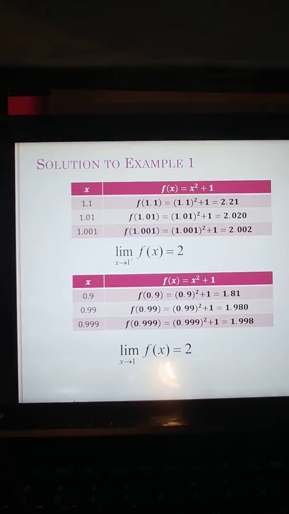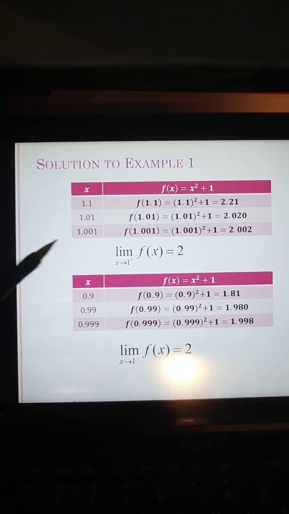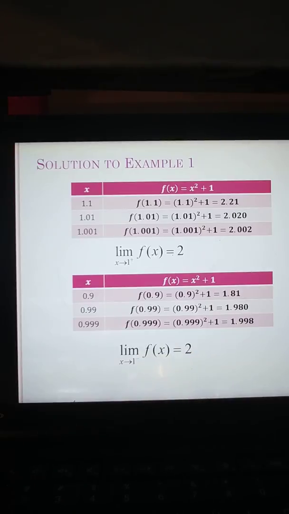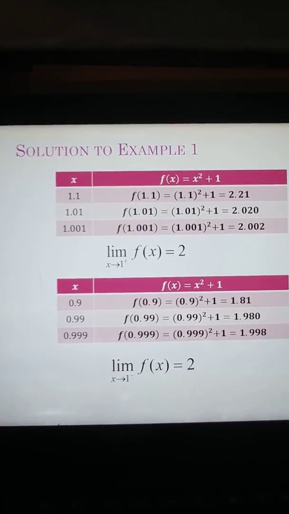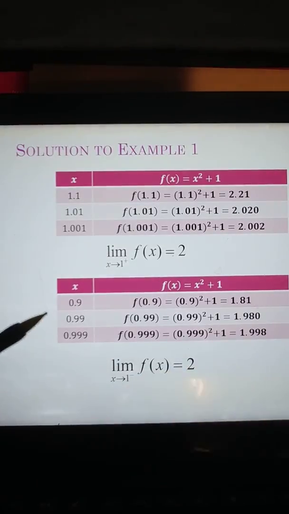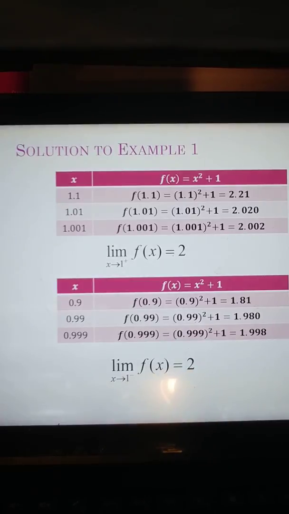For example, we could use 1.1, 1.01, and 1.001. These would be values on the right, finding the limit as we approach from the right. Then to approach from the left, we could go 0.9, 0.99, and 0.999. These would be values slightly to the left of 1.